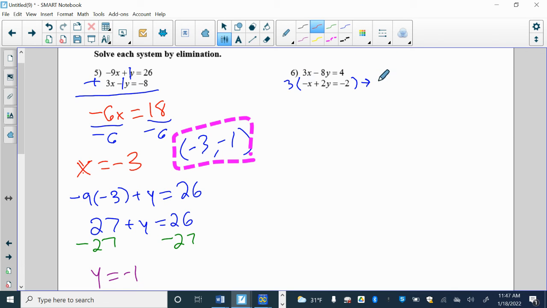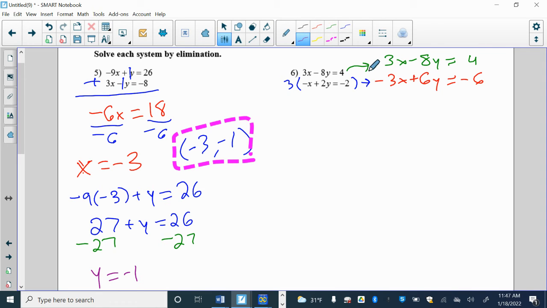So 3 times negative x, that's negative 3x. 3 times 2y is 6y, equals 3 times negative 2, negative 6. We're just going to rewrite this top equation above. 3x minus 8y equals 4.